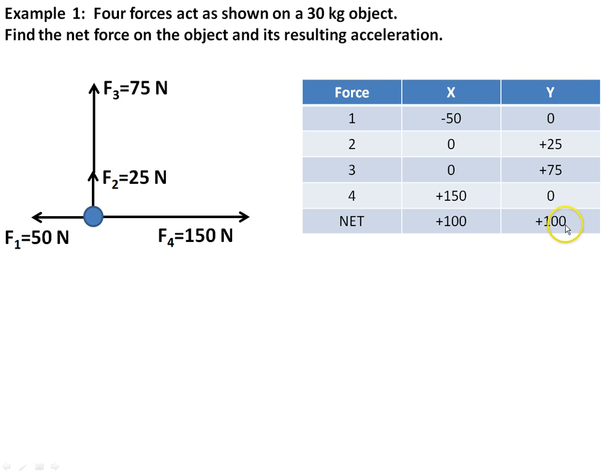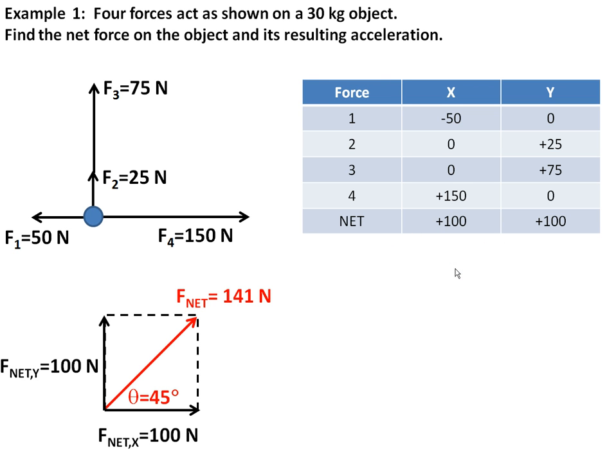In the y column, they also happen to add up to 100. We now know the components of our net force. I think it's a good idea to make a sketch someplace else in which you start with those components of 100 newtons right and 100 newtons up, and then you can find the vector, the resultant of those 2 components.